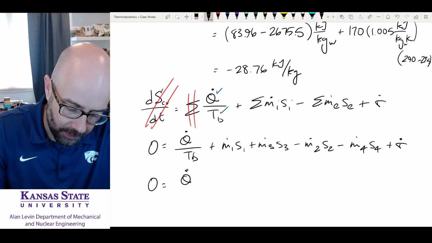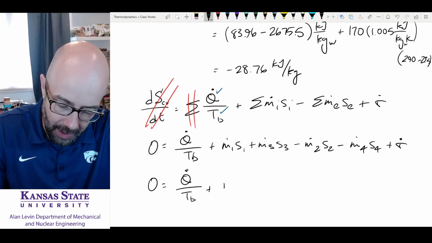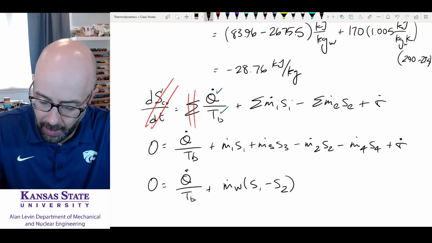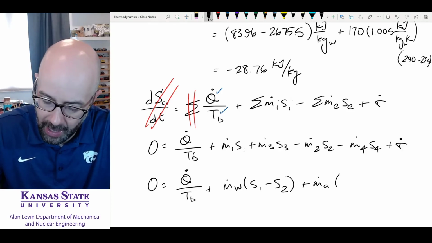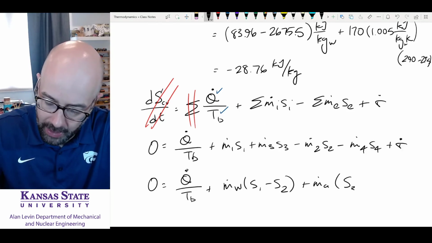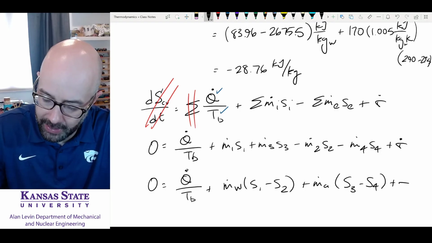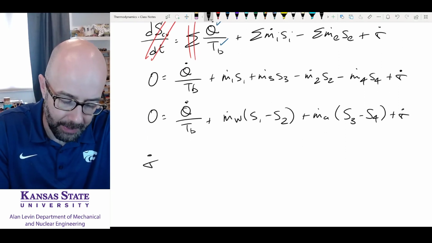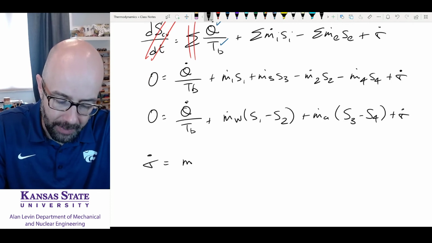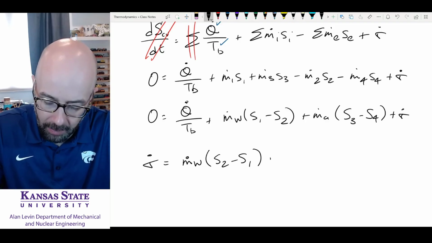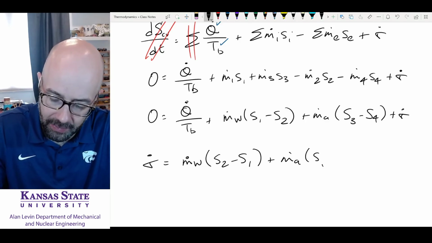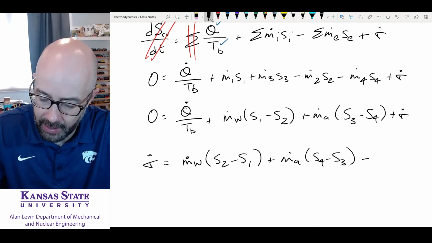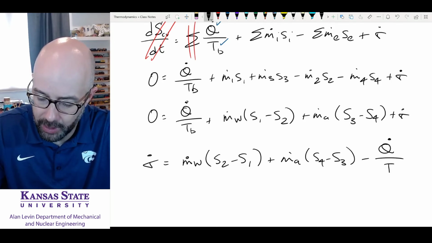Q dot over temperature of the boundary plus mass flow rate of the water times S1 minus S2 plus the mass flow rate of the air times S3 minus S4 plus sigma dot. Okay, I move sigma dot to the other side of the equation. I'm going to get sigma dot is equal to mass flow rate of my water times S2 minus S1 plus mass flow rate of my air times S4 minus S3 minus Q dot all over temperature of the boundary.